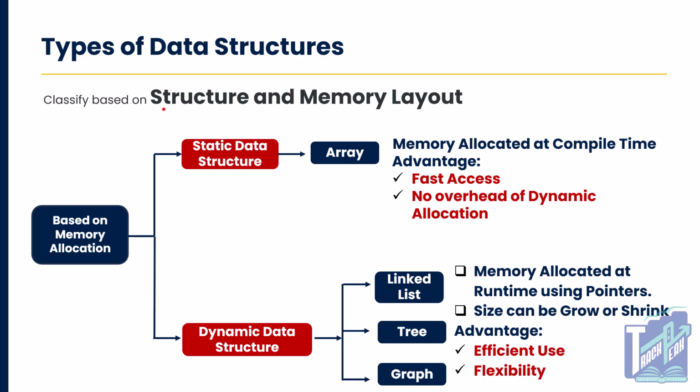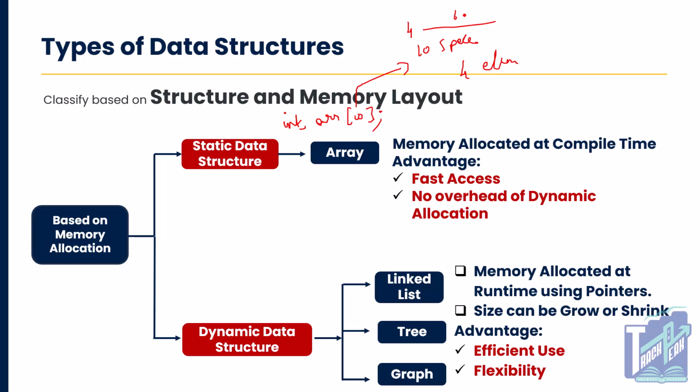But in array, for example, if we allocate int ARR of 10, if we made a declaration like this, it allocates 10 spaces at compile time, but at runtime, if we store only 4 elements, it occupies only 4 spaces, and the remaining 6 spaces are wasted.